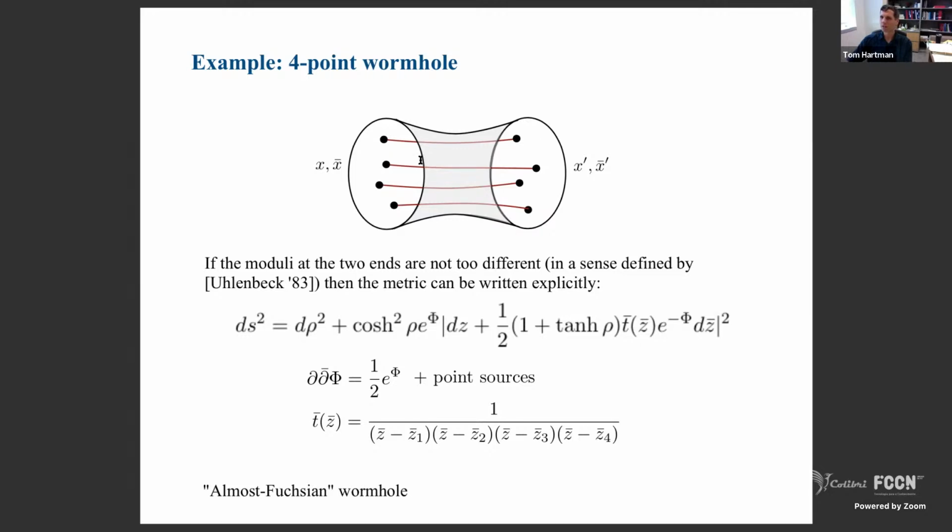And each sphere has 4 local operator insertions, which in the bulk become these massive particles on space-like trajectories connecting the 2 boundaries. Since there are 4 operator insertions here, there's a conformal cross ratio on each boundary. So there's a conformal cross ratio of those 4 points that I'll call X on the left, and another independent cross ratio X prime over on the right.